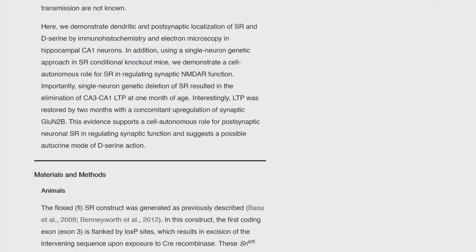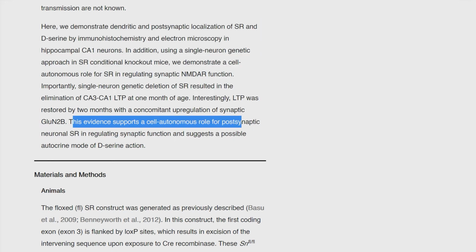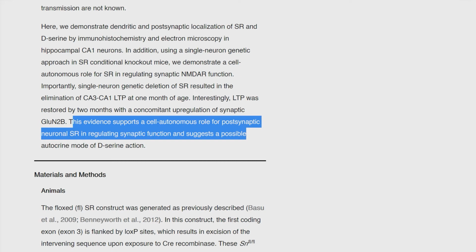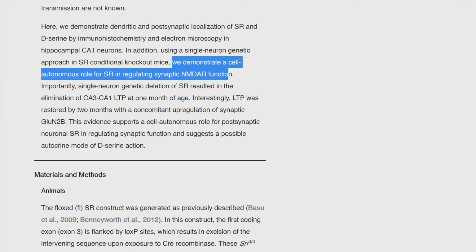Let's go look at the end of the introduction. This evidence supports a cell autonomous role for postsynaptic neuronal SR in regulating synaptic function and suggests a possible autocrine mode of D-serine action. And it's again here: we demonstrate a cell autonomous role for SR in regulating synaptic NMDAR function.